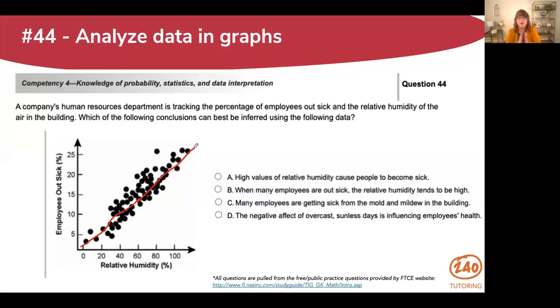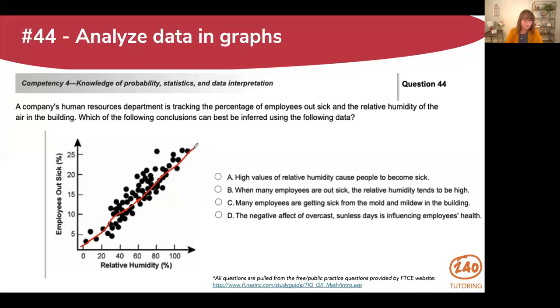You cannot say that just because a correlation exists, there is a cause and effect relationship between the two variables. So in this case, this is a correlational graph. It's showing you correlation. It does not mean that humidity is causing people to be sick.